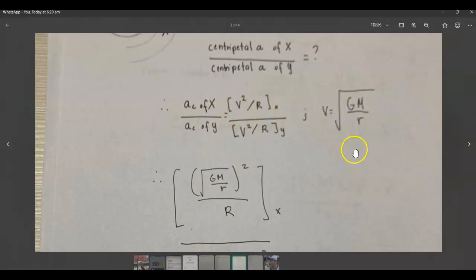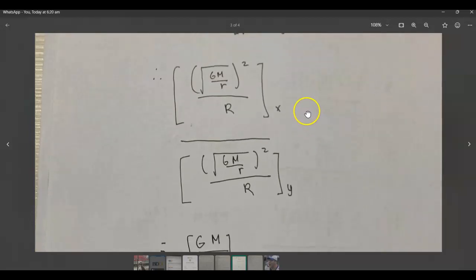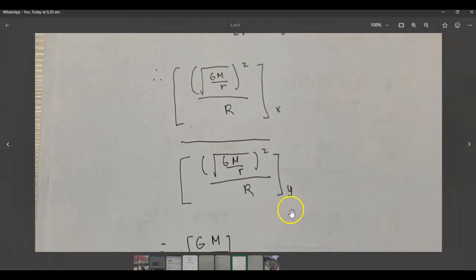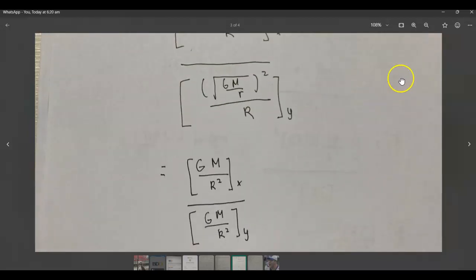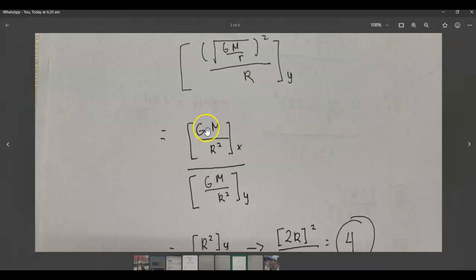So v is actually equal to the square root of the universal constant G times mass over r. Therefore, we can just substitute this quantity and replace v with the square root of GM over r, squared, divided by r for X. Of course, we also have to do the same thing with Y. Thus, if we simplify these equations, this will result in GM over r squared for X divided by GM over r squared for Y.